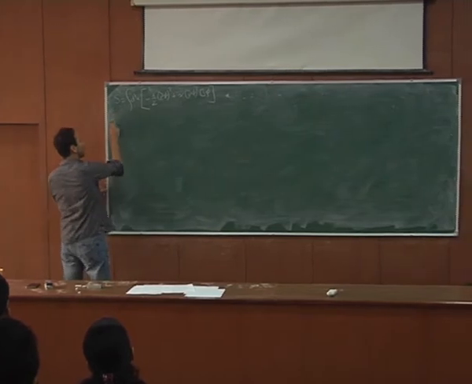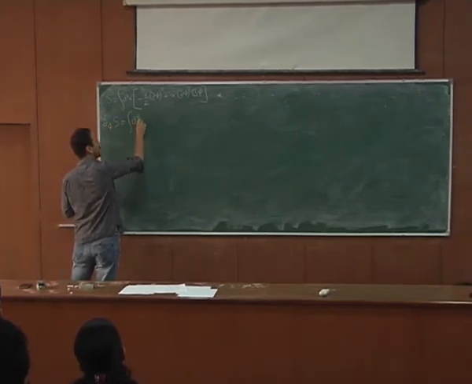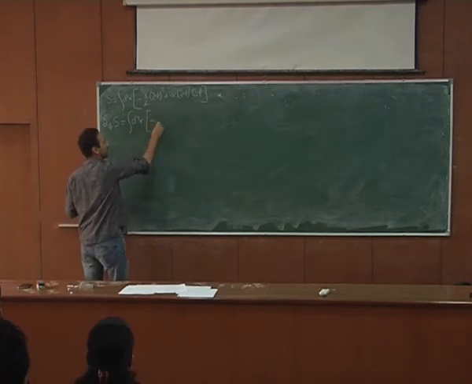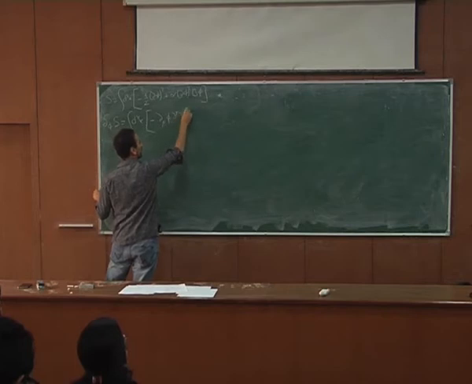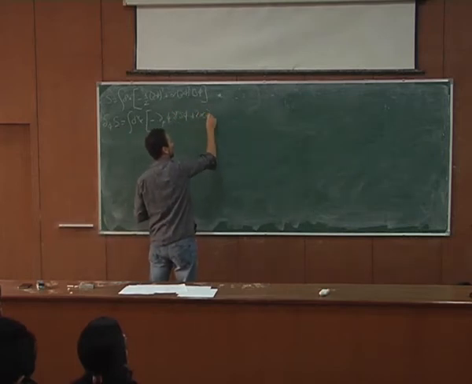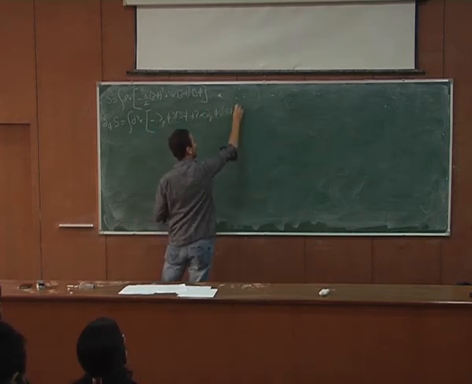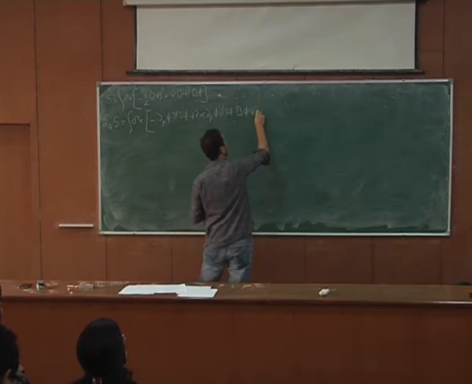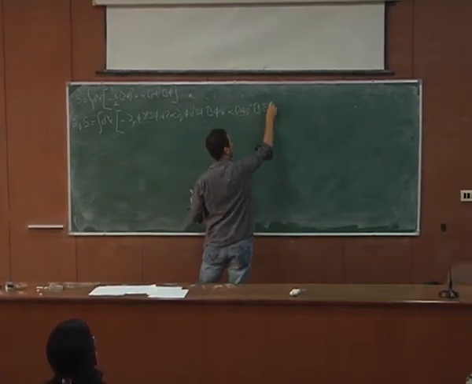Okay, so let me do this. I make a variation of this. I'm getting this integral here. Here I'm getting minus d mu phi, d mu delta phi. We have here a plus 2 alpha d mu phi, d mu delta phi box phi plus alpha d phi squared box delta phi.